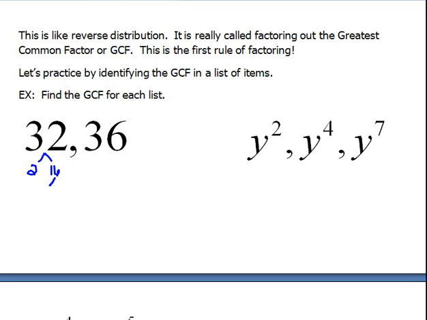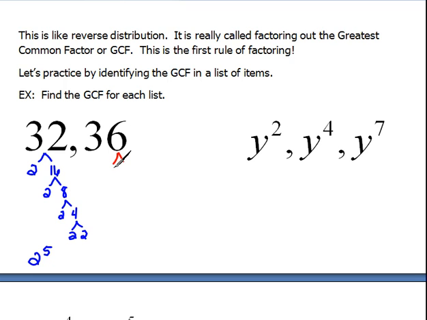And 16 we could break down a little further. That would be 2 times 8. And 8 we could break down into 2 times 4. And 4 would be 2 times 2. So if we were to write this out, this would be 2 to the 5th power.